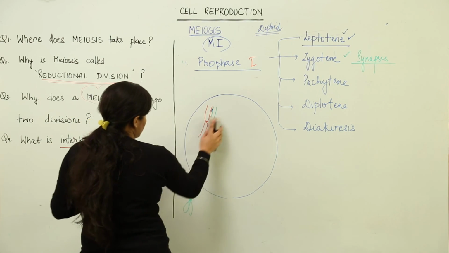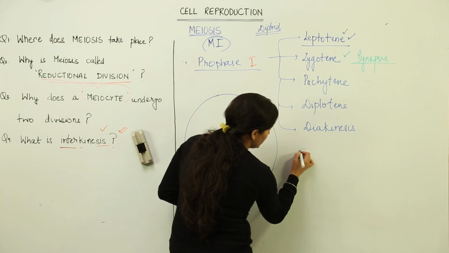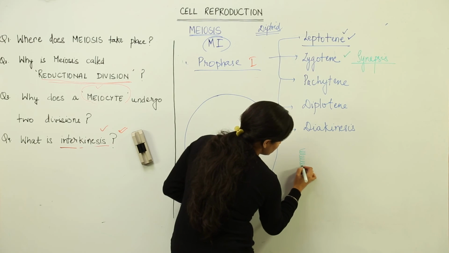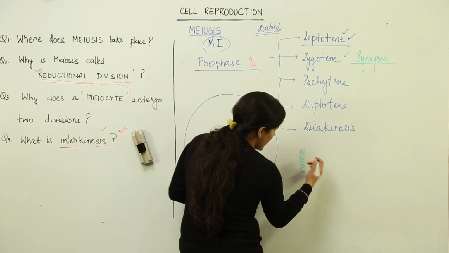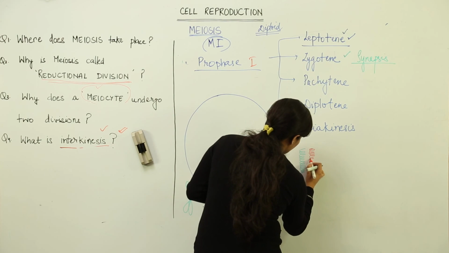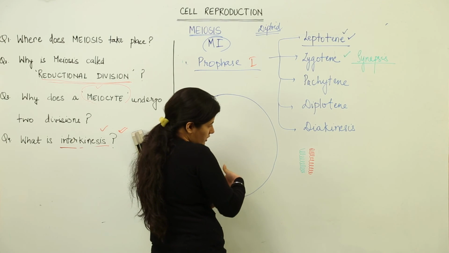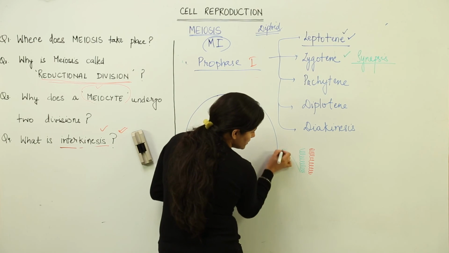Now, how would it look under a microscope? A chromosome is basically chromatin material. This is one sister chromatid, condensed like this, and this is the other, another sister chromatid. How would a synaptonemal complex be present between them?